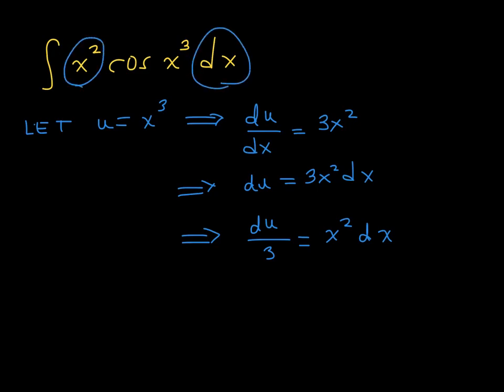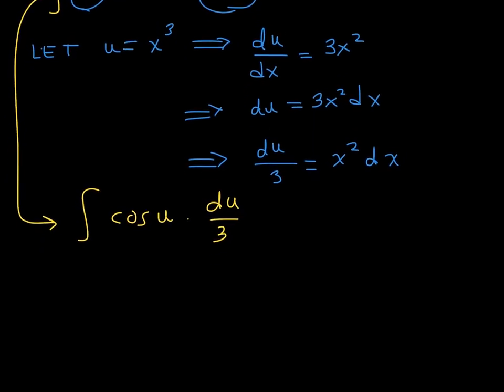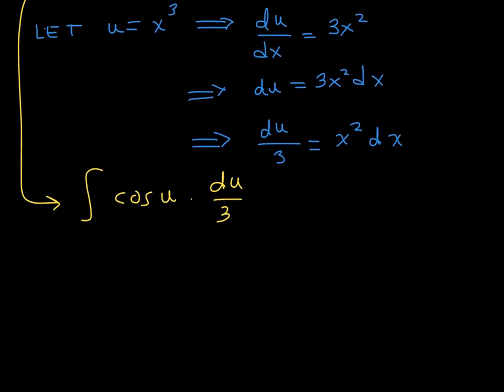You know what I mean? And so this integral becomes cosine of u times du over 3, which is equivalent to 1/3 times, now it's the sine function whose derivative is cosine, so sine of u, of course, plus c.